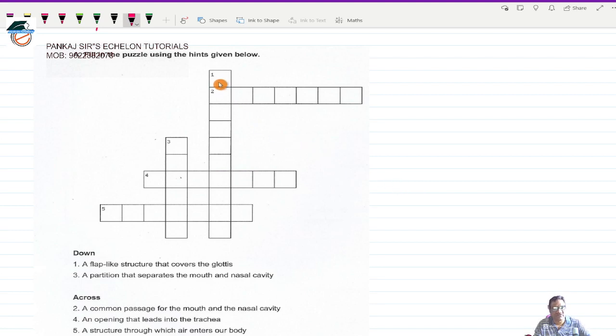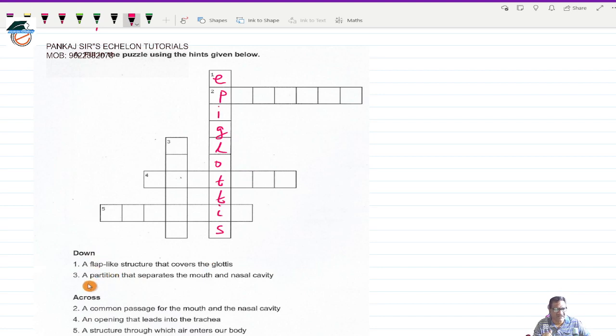E-P-I-G-L-O-T-T-I-S, epiglottis. I have already discussed this in my concept lectures.